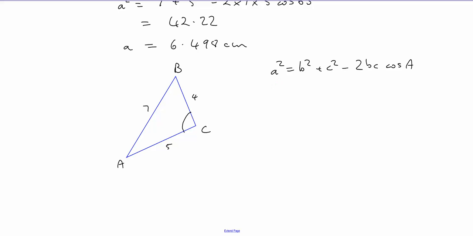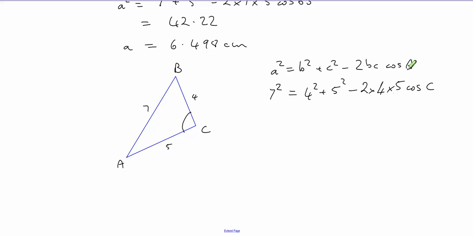So on that side I'll write 7 squared. B and C are the other 2 sides, it doesn't matter which way round. So 4 squared plus 5 squared minus 2bc, the 2 other sides, 4 and 5, 4 times 5, cosine of the angle that we want, cosine of C.